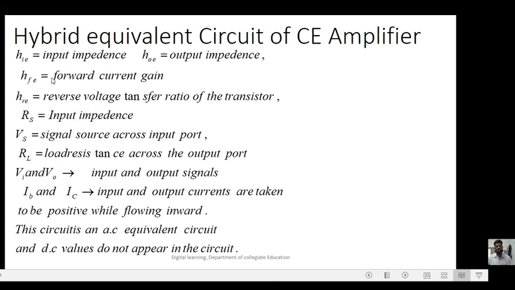So once again we have to notice properly. These terms should be kept in mind always.